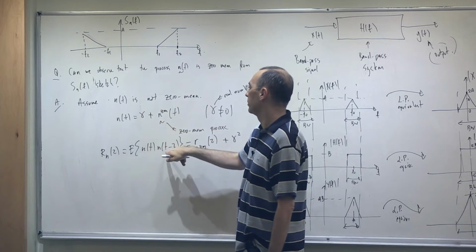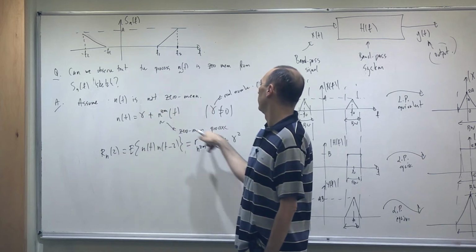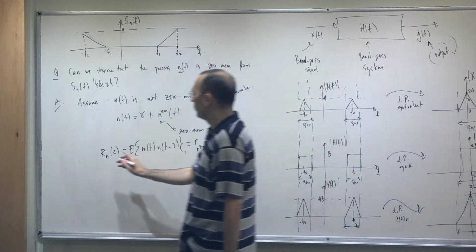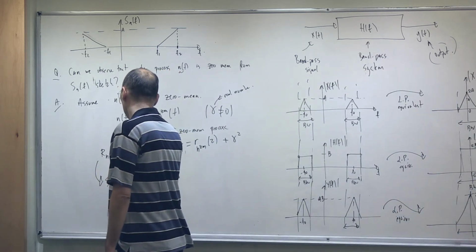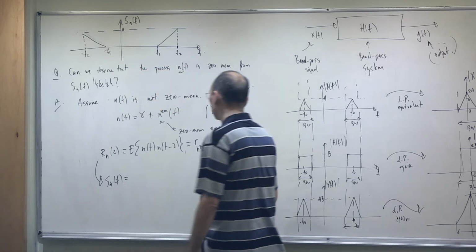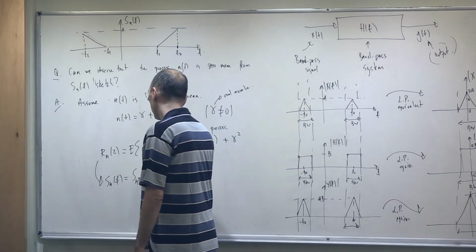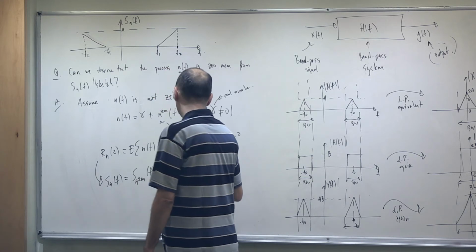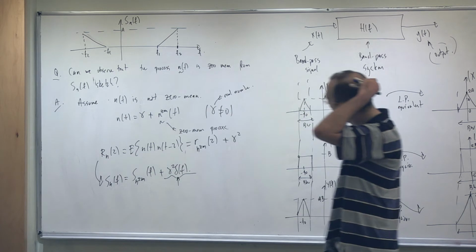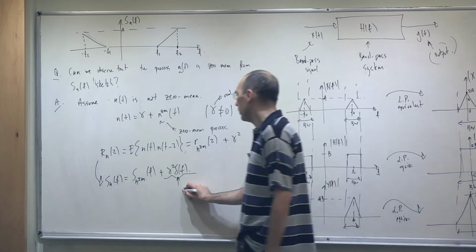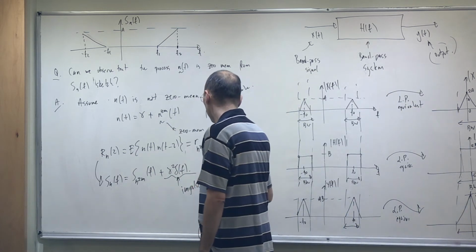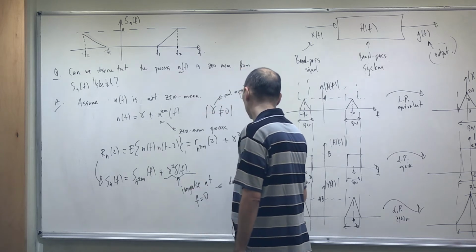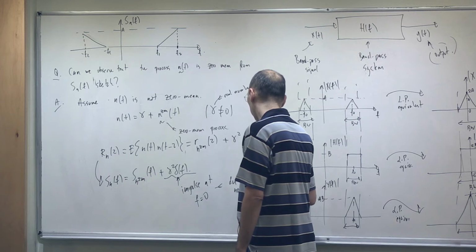I have gamma times n, but this is zero mean, so cross terms will be equal to 0. So if I take the Fourier transform of this, what do I get? Sn zero mean version of f plus, so this is the deal. Okay. So if there is an impulse at frequency equal to 0 due to non-zero mean.